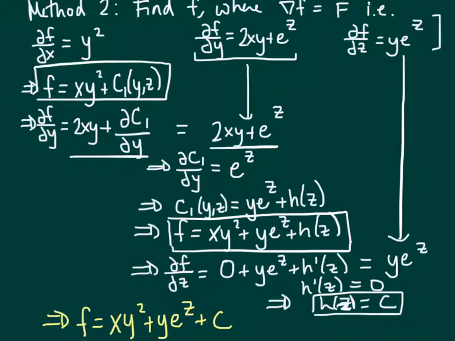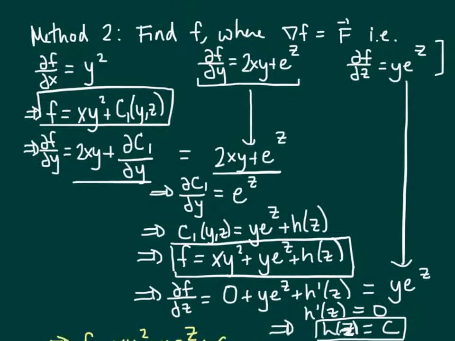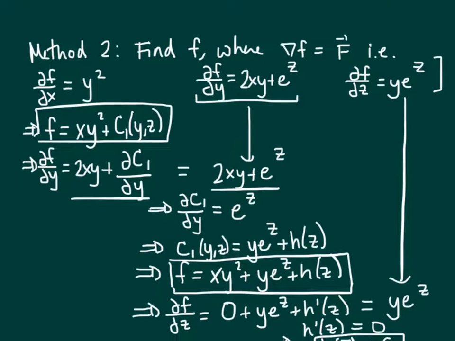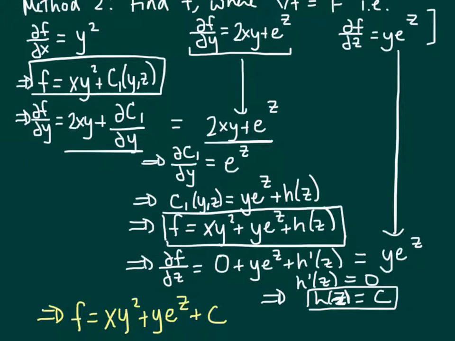Okay, so again, either way you choose to find the potential function, at the end, just check. We take the gradient of this potential, we do in fact get back our vector field F we had up above here. And so then this is the potential that we'll use in our line integral. We'll apply the fundamental theorem of line integrals, and again we'll get 3 plus 2e cubed for the total work done.